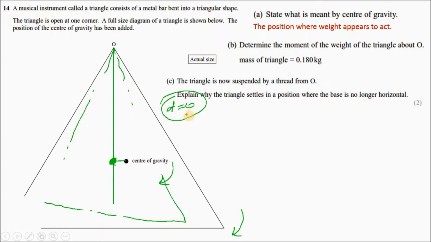If d is 0, that means there will be no net moment, so the triangle remains as it is once it settles down. So the center of gravity shifts leftward, the center of gravity is directly under the pivot, so the line of action passes through the pivot, so no net moment.